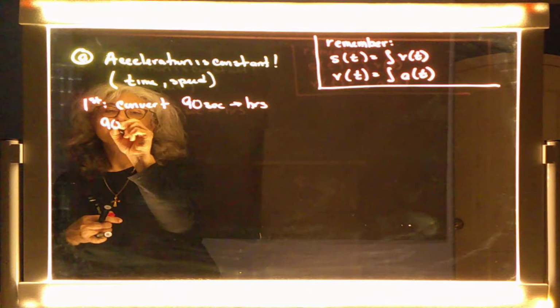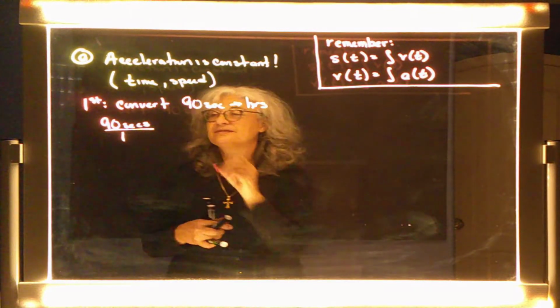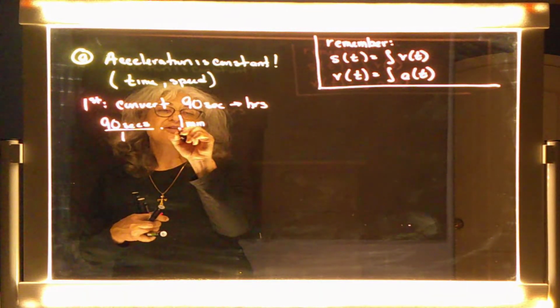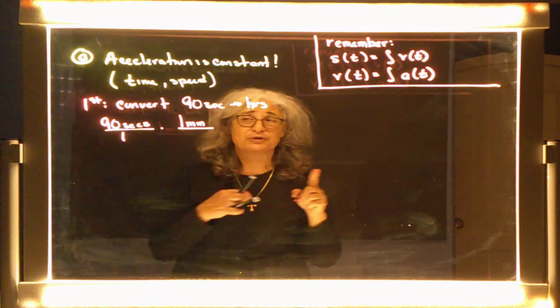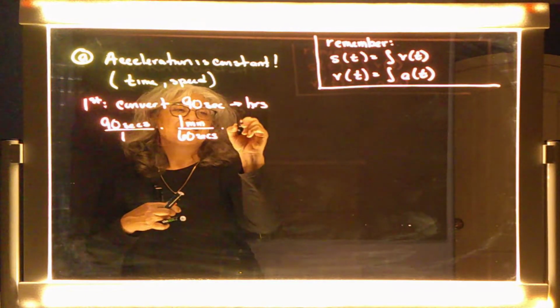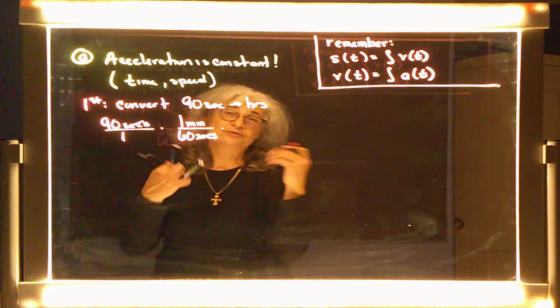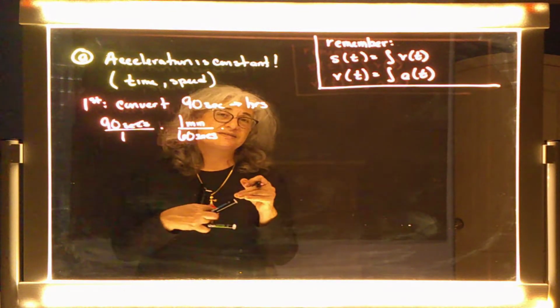Which means, again, my wonderful high school chem days, this is how I learned to convert, because it's not really based upon where I put the numbers. It's based upon where I put the units. And when I set it up as fractions, it's very easy to see where I put the units. So I have 90 seconds over 1 times 1 minute over 60 seconds.